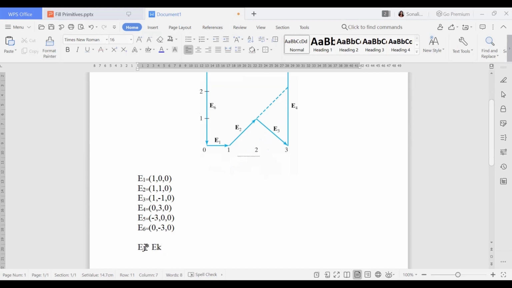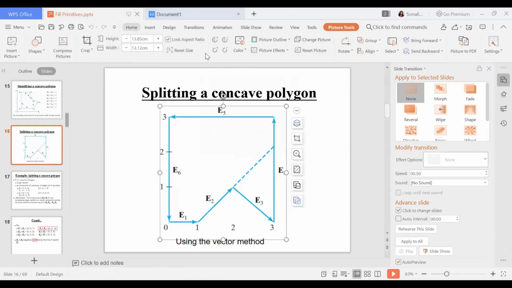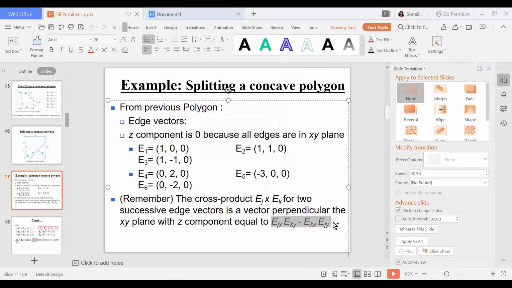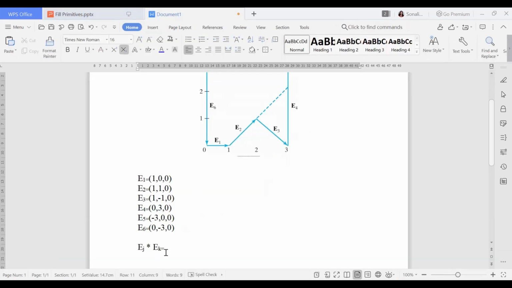This is my formula, and this j will be in your denominator. I have to find out this value. What is the formula? You have seen in my slide, I have already written the formula here. So this is my formula. I'll just copy and paste it over there so that I can use it.